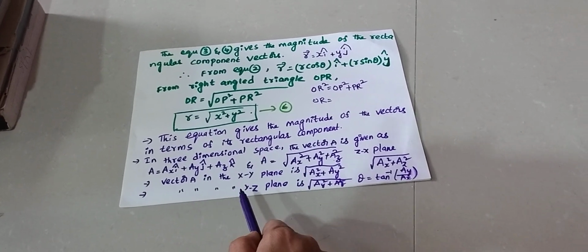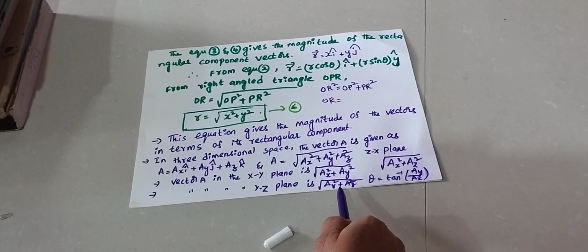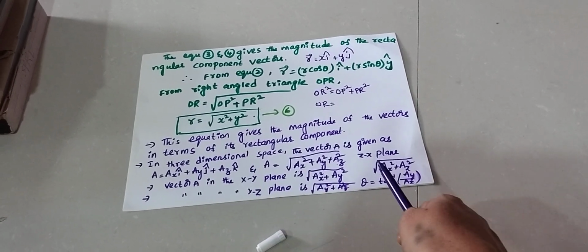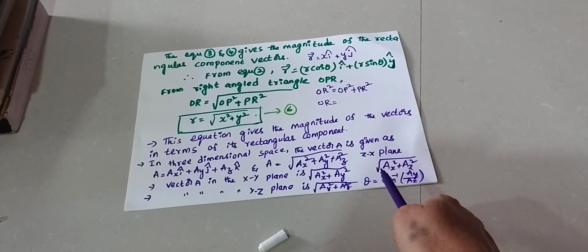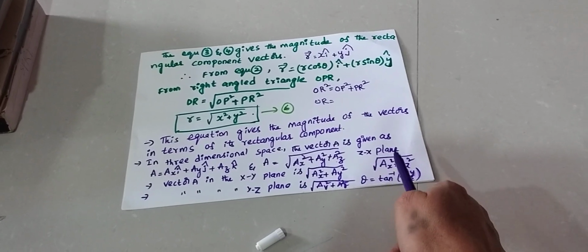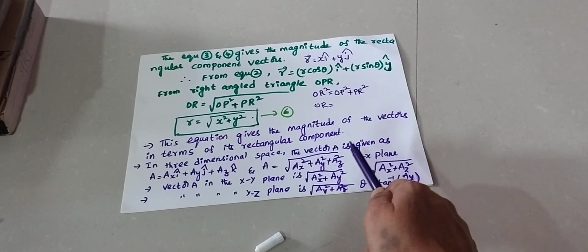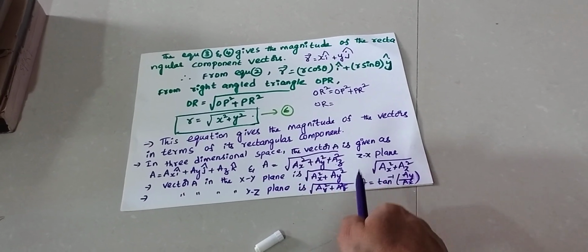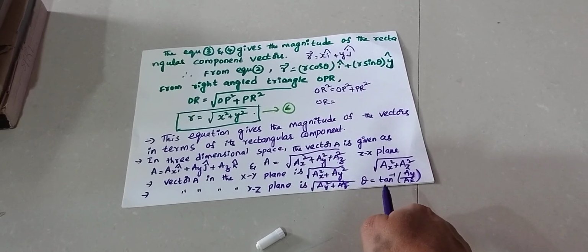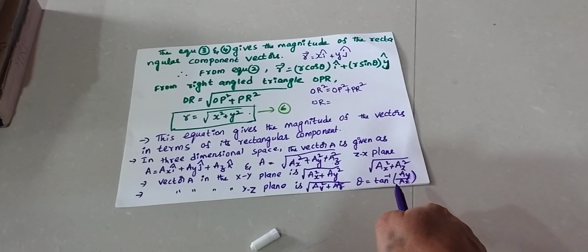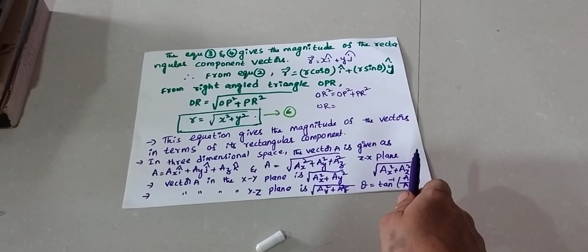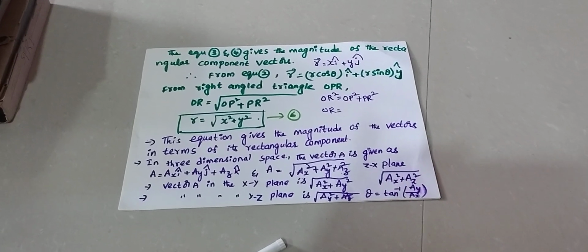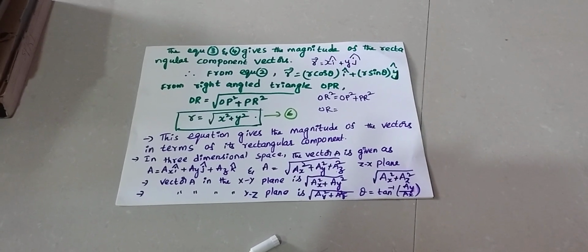In the yz plane, root of Ay square plus Az square. In the zx plane, root of Ax square plus Az square. The direction of the vector A is theta equal to tan inverse of Ay by Ax. These are the rectangular components of the given vector.